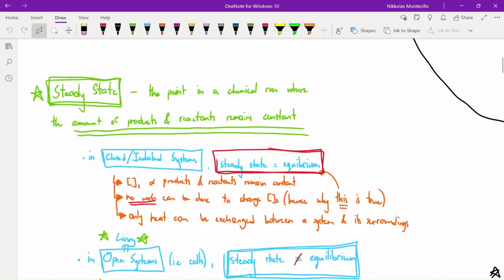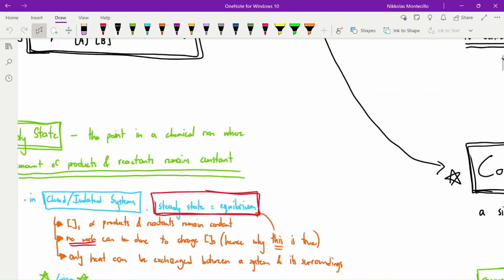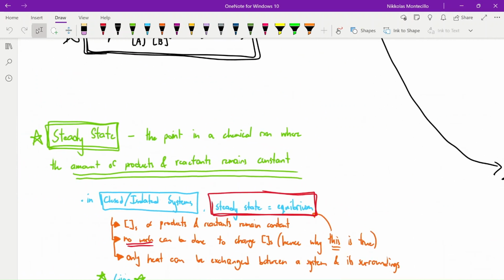So with regards to that, we also want to look at the concept of steady state. Steady state refers to the point in a chemical reaction where the amount of products and reactants remains constant. So this means that within a system, we observe that the concentration of both the products and the reactants remains constant.